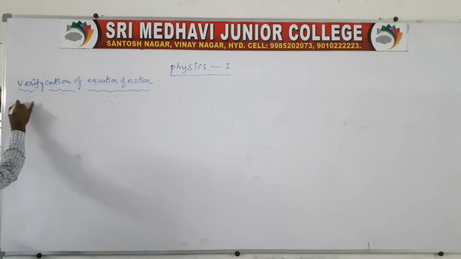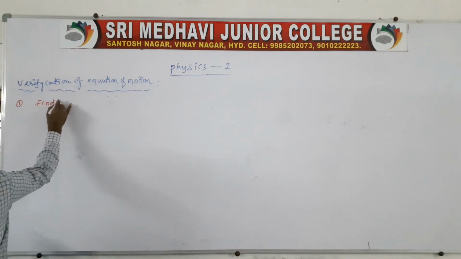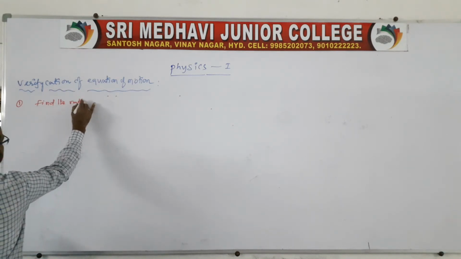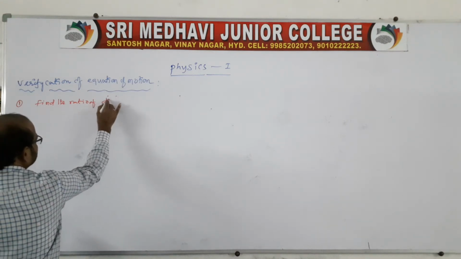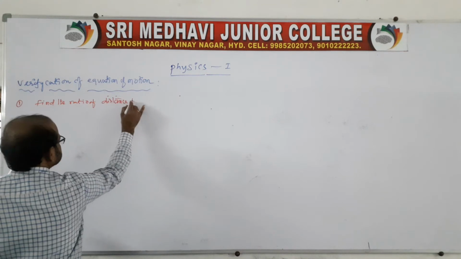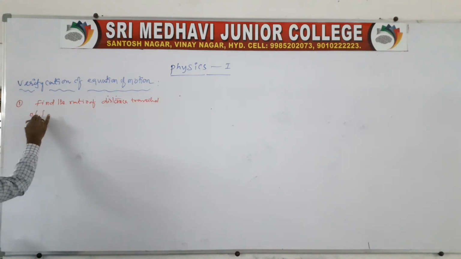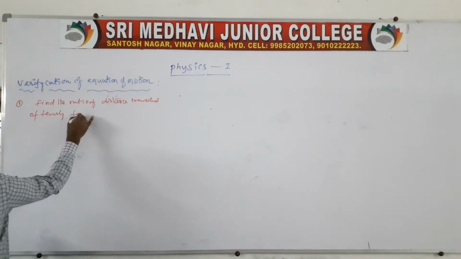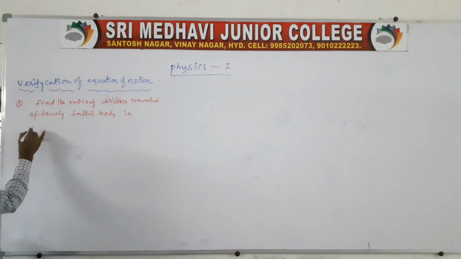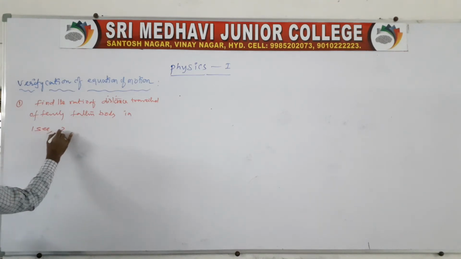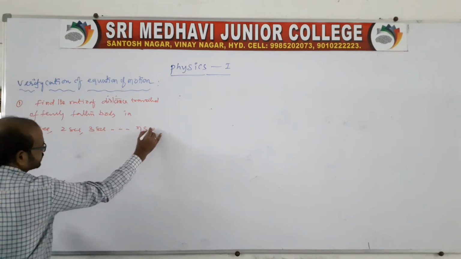See, it is an example problem: find the ratio of distance travelled by a freely falling body in the first second, second, third second, and so on up to n seconds.